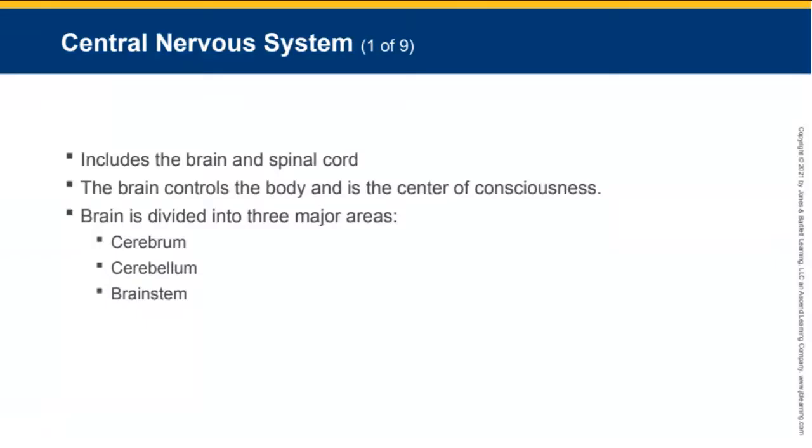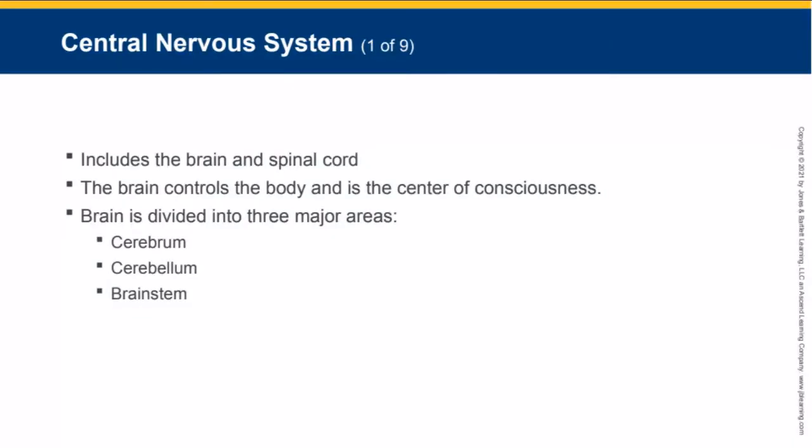The right hemisphere controls movement on the left side of the body. The left hemisphere controls movement on the right side of the body. Now, the right side of the brain is responsible for how our speech sounds when it comes out.